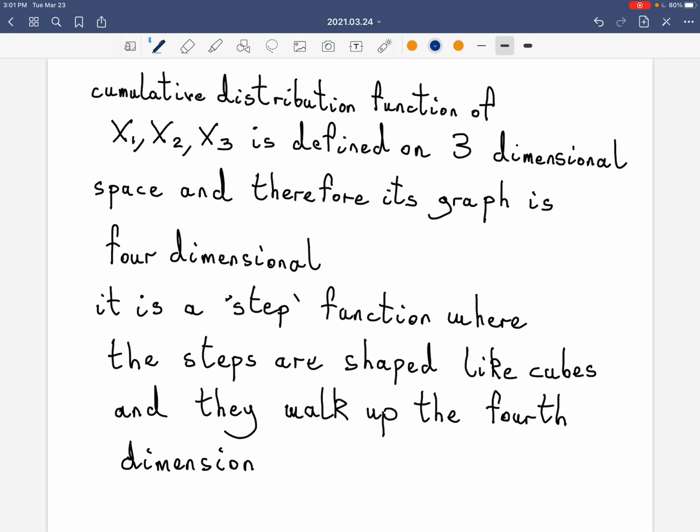But again, visualizing these kinds of things is a matter for people who want to study geometry as a theoretical mathematician.